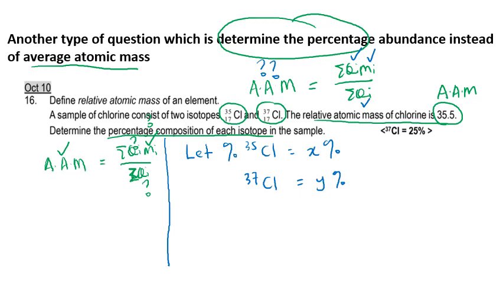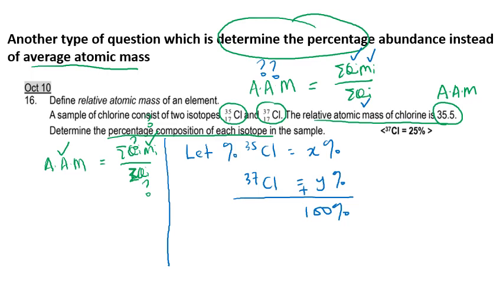Based on the previous question, we know that the abundances of the isotopes have different ratios, not equal. So chlorine-35 is X, while chlorine-37 is Y. Because it is abundance, X plus Y will be equal to 100%.